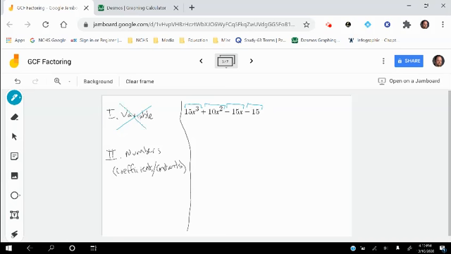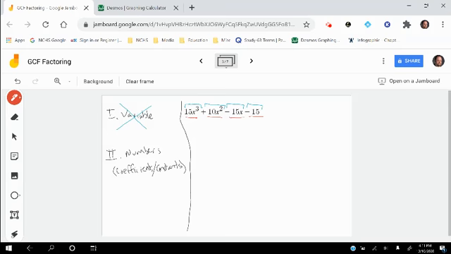Numbers will always matter. They will always be there, even if it's just a 1. So now I look at those same terms, and I'm going to make a little division underneath each one.